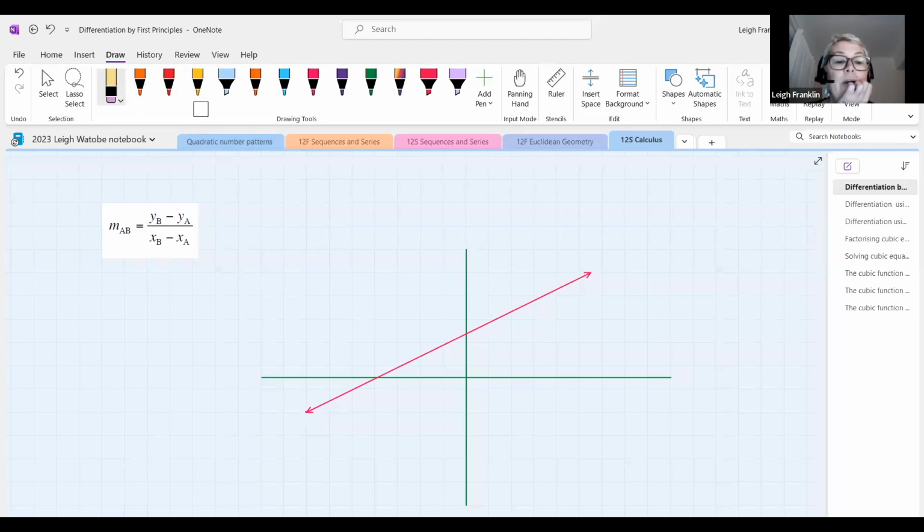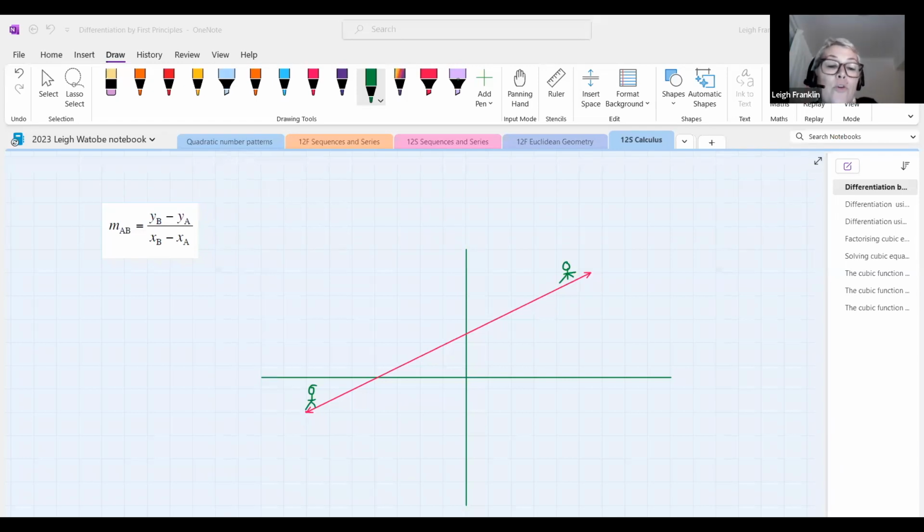As I'm walking from left to right, so as x is getting bigger, would I be walking uphill or would I be walking downhill? If I started off down here and I wanted to end off up there, would I be walking downhill or uphill? Walking uphill. Quite right.